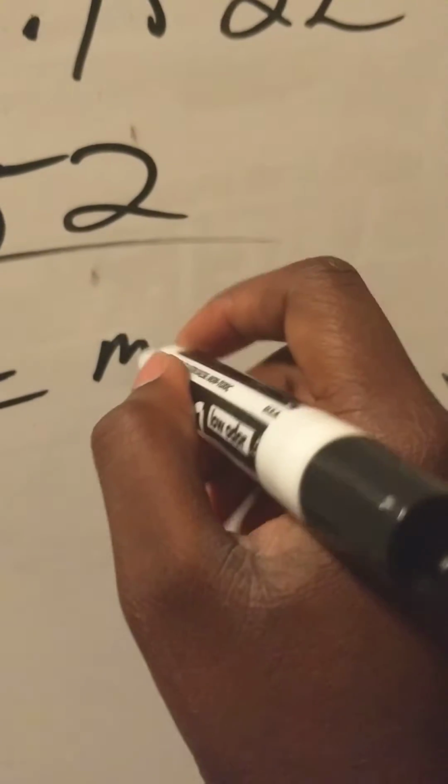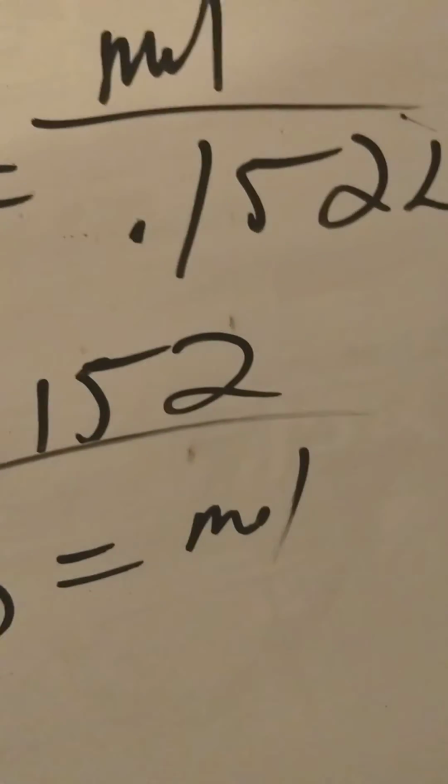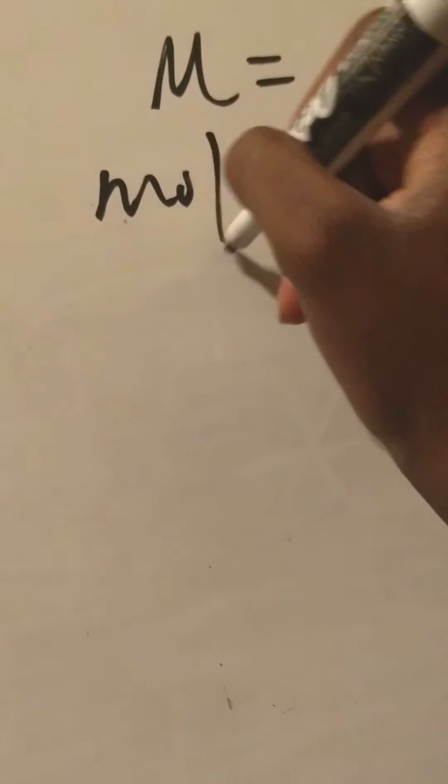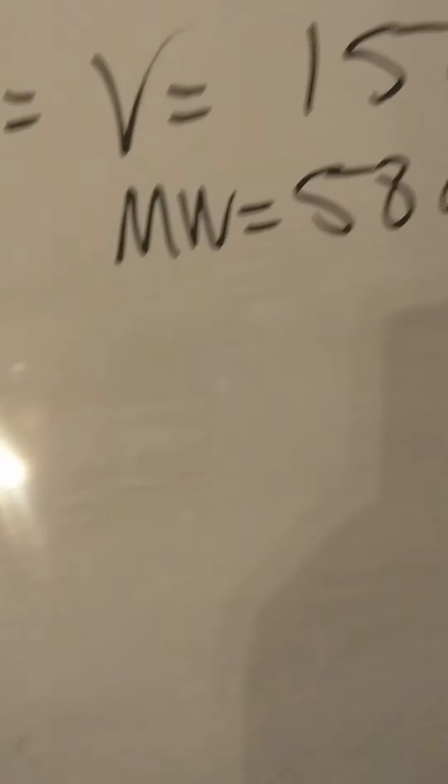Equals moles. Okay, and so now that we have that settled, moles should equal 0.055. Go back and do our unit conversion, which again, like I said, was correct in the steps, but the numbers were wrong.